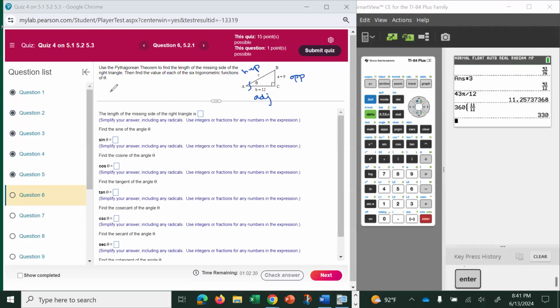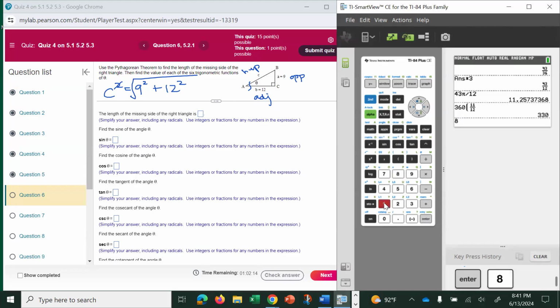We don't know C, so we'll find C first by doing C squared equals 9 squared, which is A squared, plus B squared, 12 squared, and C would just be the square root of that. So let's find that first. 9 squared plus 12 squared, that'll give us square root of 93.